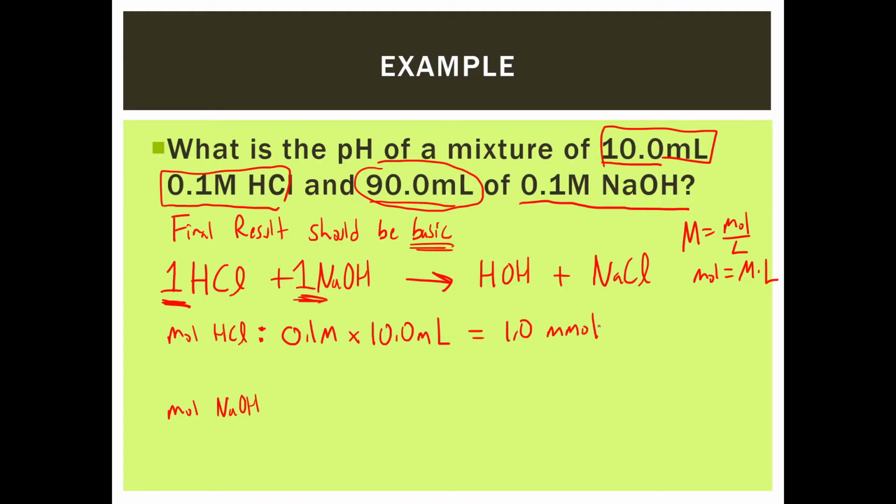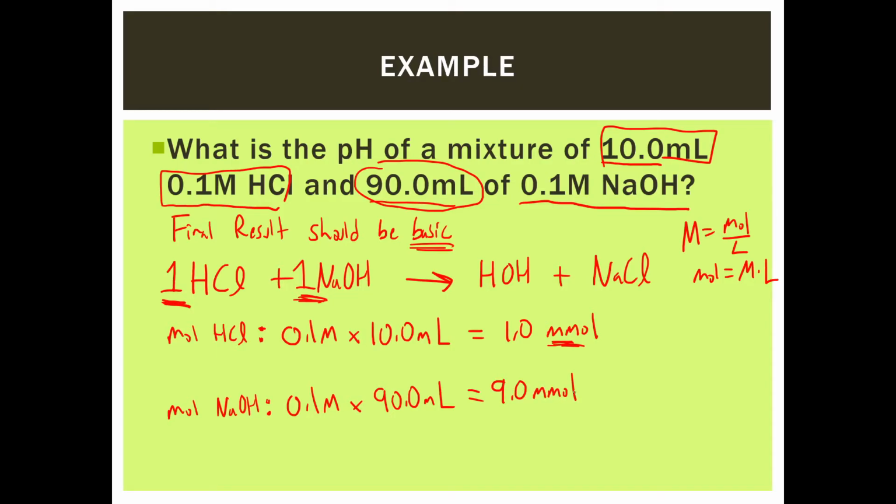Okay, so I'm going to leave the milliliters as milliliters, and then my final answer will be in millimoles. We can do the same calculation for the NaOH. So our NaOH is, again, same concentration, but we now have 90 milliliters of NaOH, and this will give us an answer of 9 millimoles.